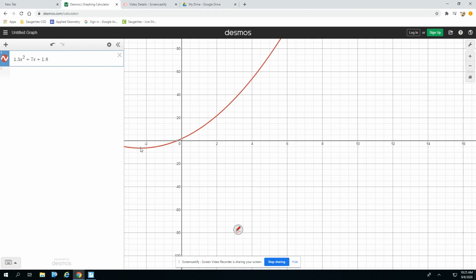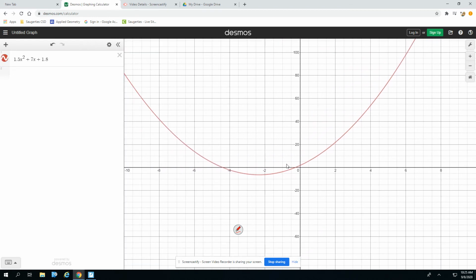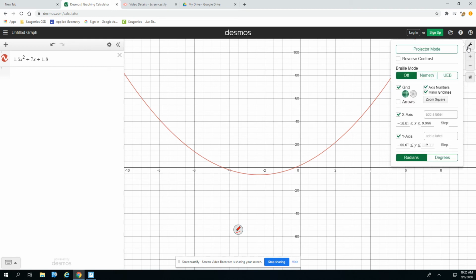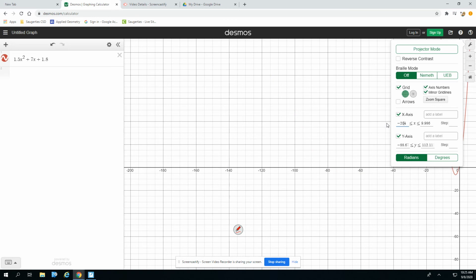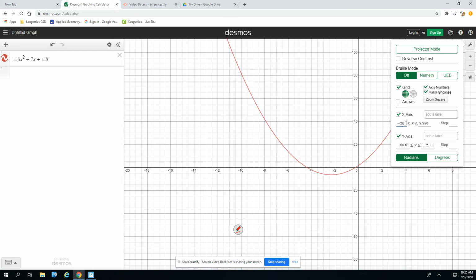So here's my graph. I'm going to move it over. I mean, this window's not great. I feel like there's a lot of extra space up here. So maybe I just go from, I don't know, maybe -20. It's the wrong one. Sorry about that.